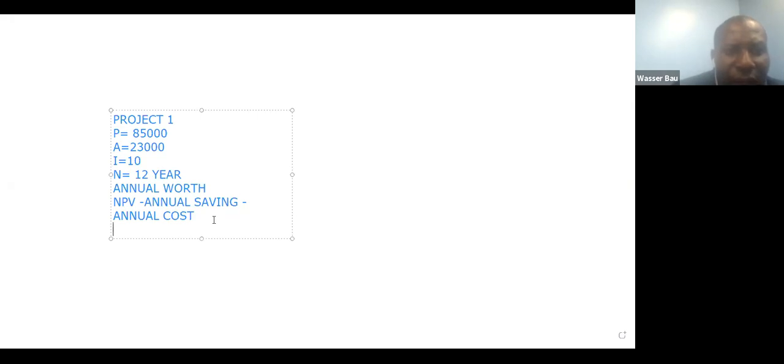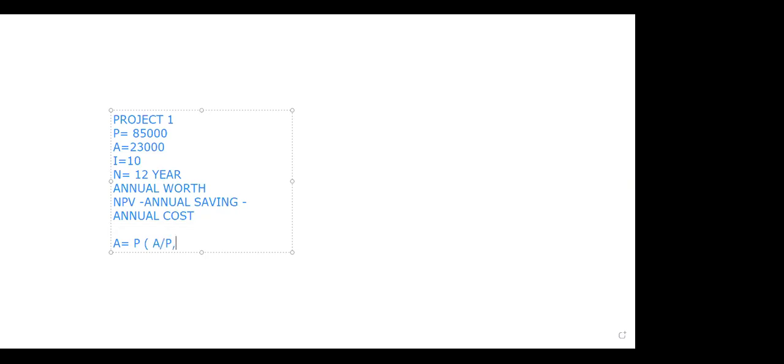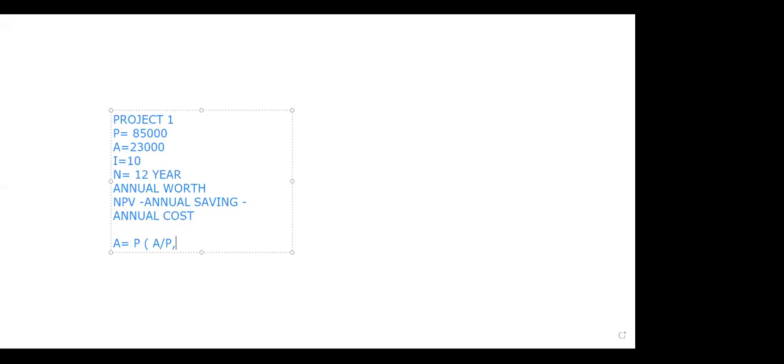The annual savings is given. The annual cost we don't know, so let's look for it. The annual cost A equals P times (A/P, i, n), which is (A/P, 10%, 12).